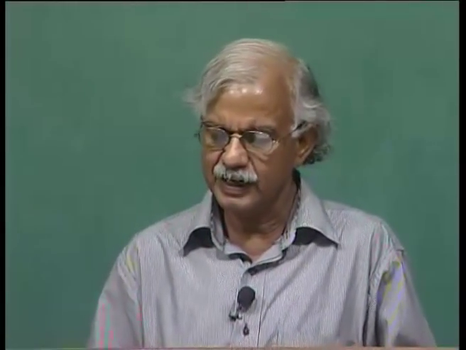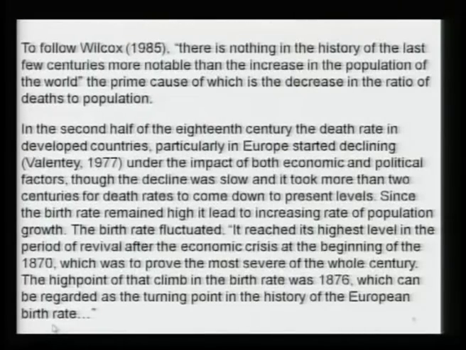In the 18th century, although it started, the growth was very slow, and it took more than 2 centuries for death rates to come down to present levels. Since the birth rate remained high, it led to an increasing rate of population growth. The birth rate fluctuated. It reached its highest level in the period of revival after the economic crisis at the beginning of 1870, which was to prove the most severe of the whole century.